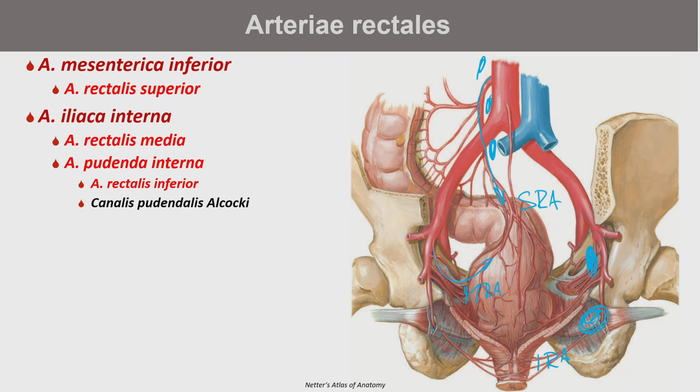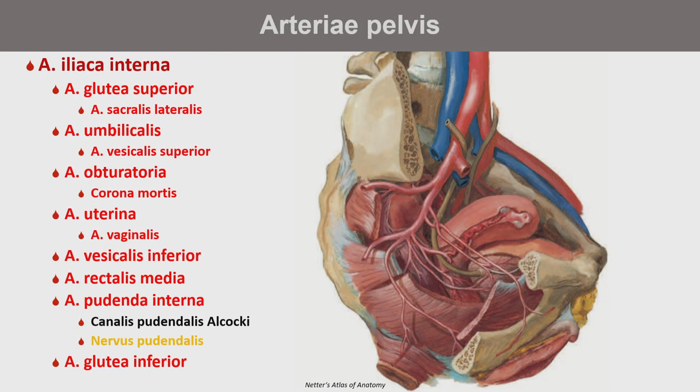So one note again, if you remember, I have said that the rectalis inferior is going through the canalis pudendalis, Alcock canal, which is along here seen, it's along obturatorius internus muscle, in a splitted fascia of it. So from pelvis arteries, I have to note also uterine artery.